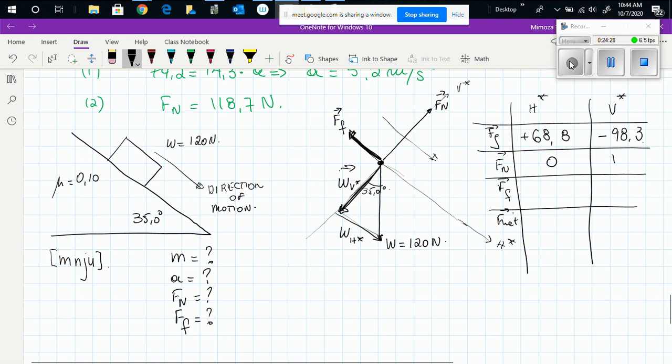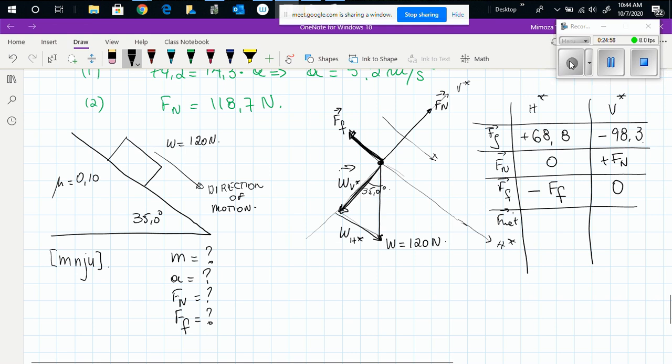In the vertical it is positive force normal, whatever value we will find. Force of friction in the horizontal is negative because it's in the opposite direction of the positive, so it will be negative force of friction. And the vertical component of force of friction in the new set of axes is equal to 0.